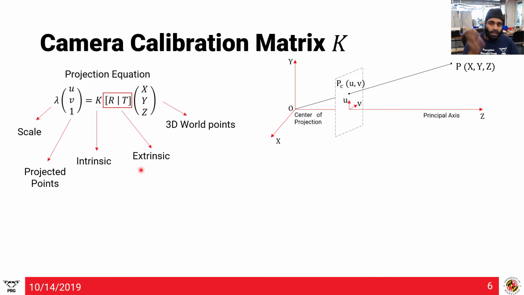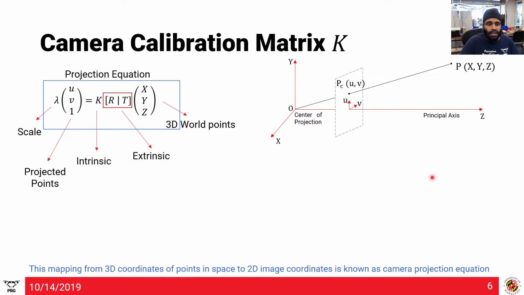It can be between a camera frame and an IMU. It can be between one IMU data and the other IMU data, which are placed with a distance and a rotation between them. Okay. So this mapping of 3D coordinates of points in space to 2D image coordinates is known as the camera projection equation.